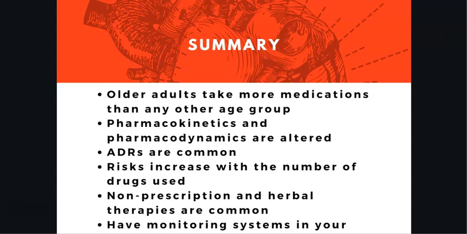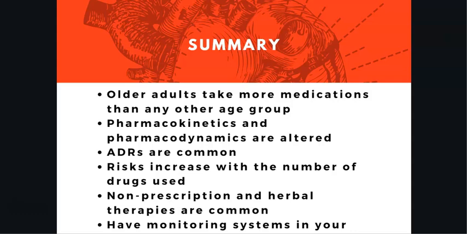And in summary, older adults take more medications than any other age group. That geriatric population has polypharmacy on lock. Pharmacokinetics and pharmacodynamics are altered in the geriatric population. Adverse drug reactions are common.